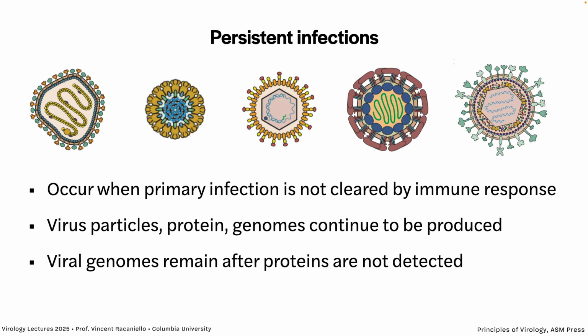In many persistent infections, virus particles, viral proteins, viral genomes continue to be produced, but not all. You'll see exceptions. There are some cases where there are just genomes and no protein, and some cases where there are genomes and a few proteins, but no virus particles. And there are cases where infectious virus particles are made. So the whole spectrum can happen.